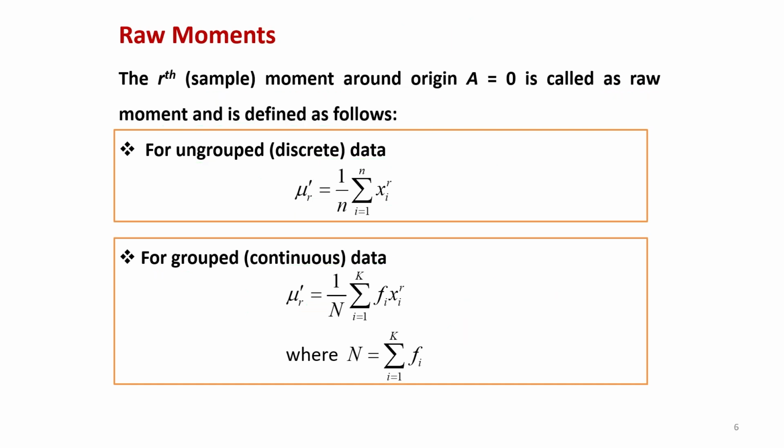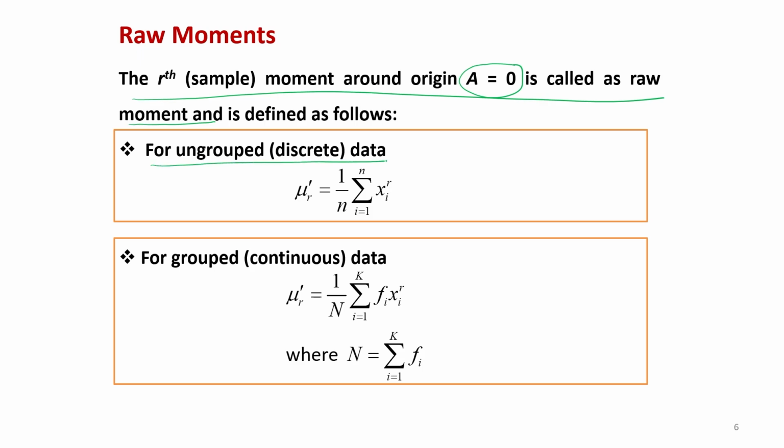Right. Now, if you choose this arbitrary point A to be 0, then the rth moment around A equal to 0 is called the raw moment. Basically, we are trying to obtain these moments on the basis of a given sample of data, so this is actually the rth sample moment.